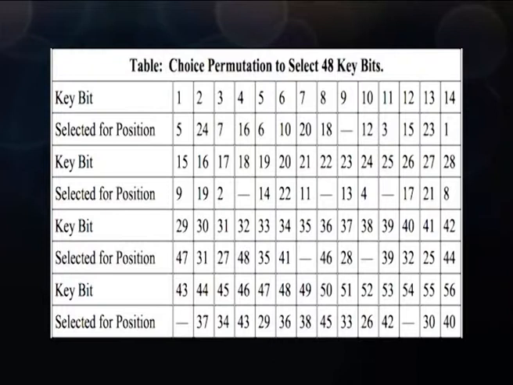The key is reduced to 48 bits by not selecting the 9th, 18th, 22nd, 25th, 35th, 38th, 43rd and 54th key position out of the 56-bit key, thus reducing the key to 48 bits.